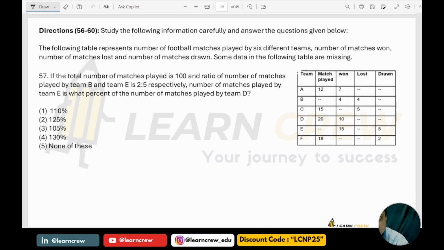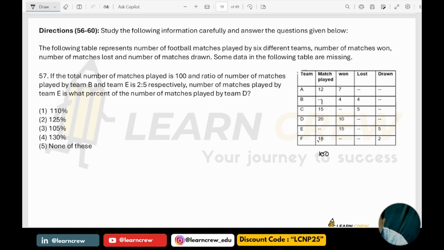Next, the total number of matches played is 100, and the ratio of the number of matches played by B and E is 2:5. 18 plus 12, 30. 30 plus 35, 65. Sum of these two is 35. So 7 parts is 35. Each part 5.